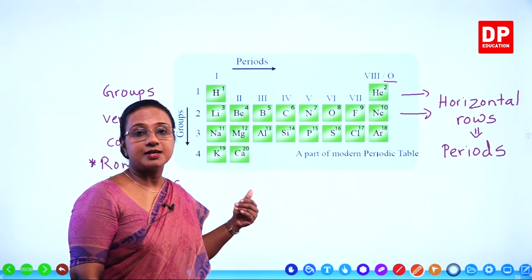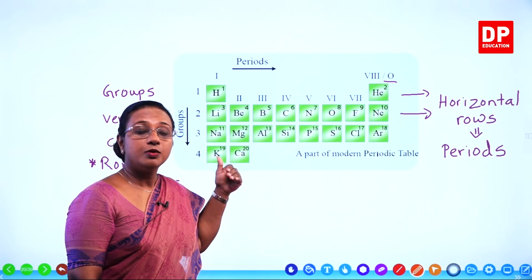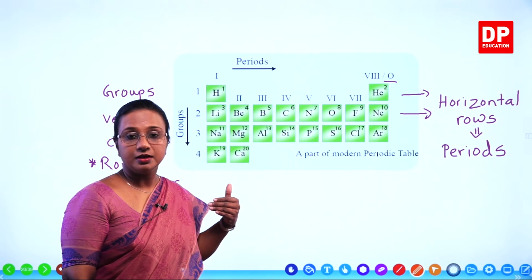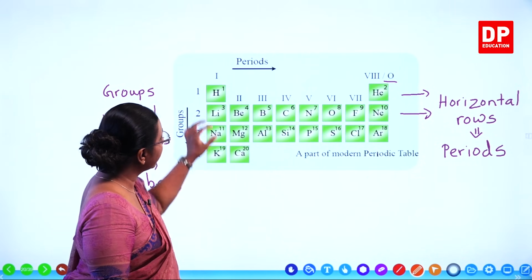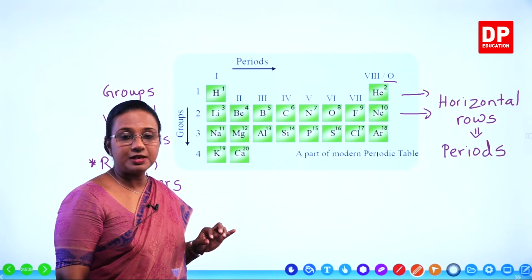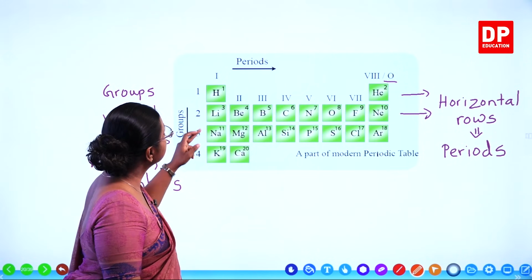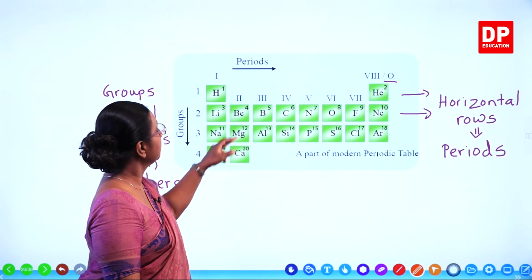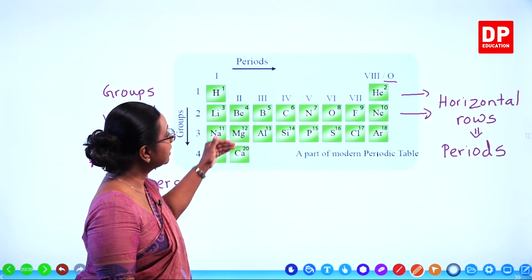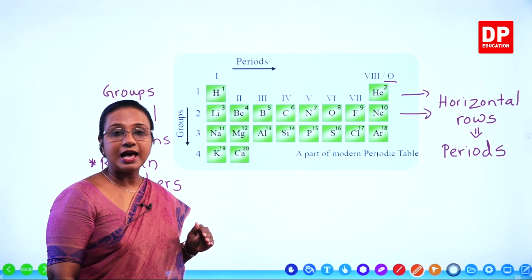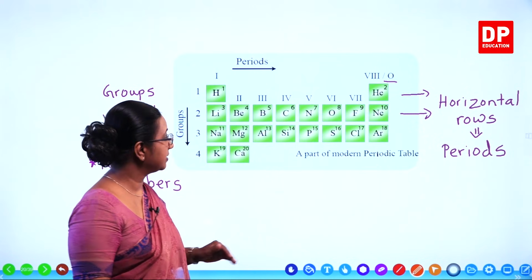And as we discussed before, this obeys the periodic law. So all the elements in group I, but here the exception will be hydrogen, lithium, sodium, potassium will have similar properties. Beryllium, magnesium, calcium will have similar properties.